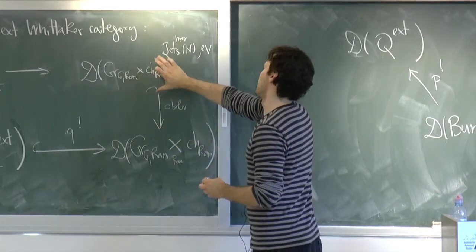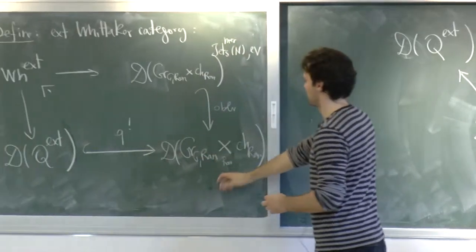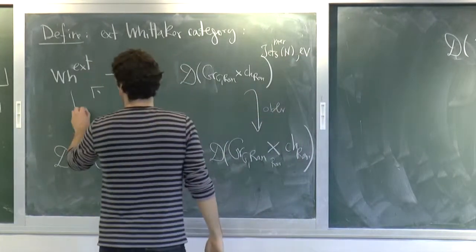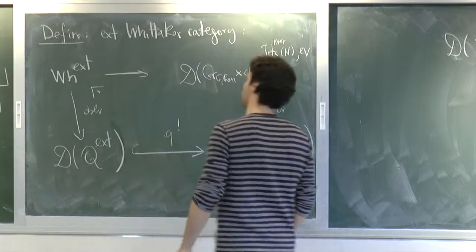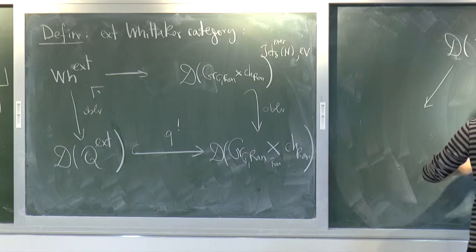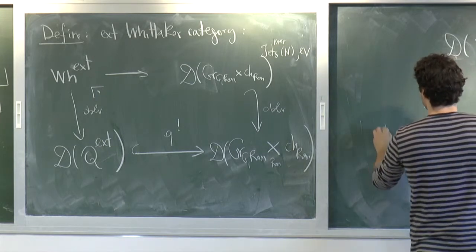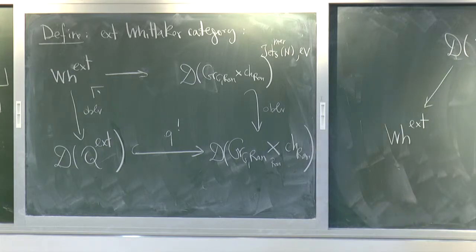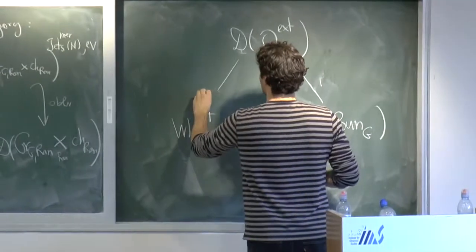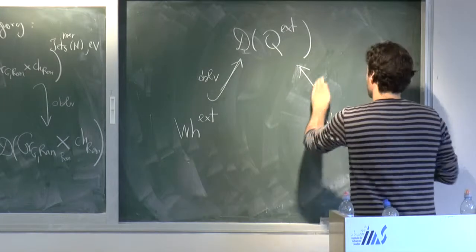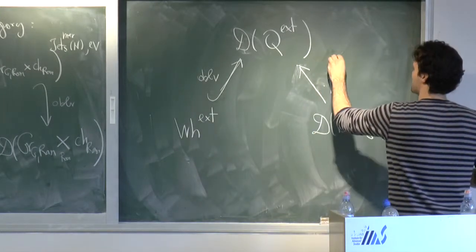Whenever you have an invariant category, it forgets, oblivion, to the original category. So I have an oblivion map to the extended Whittaker. Sorry, I got this wrong. That's an oblivion map, which happens to be fully faithful. And let me just call that P.